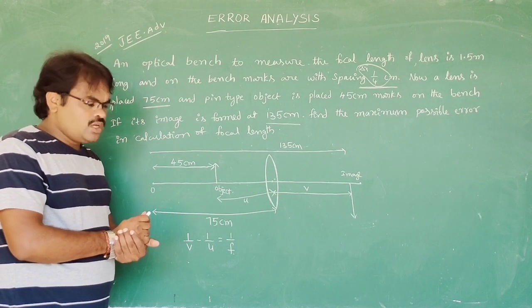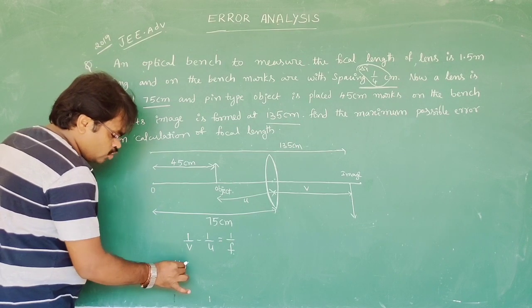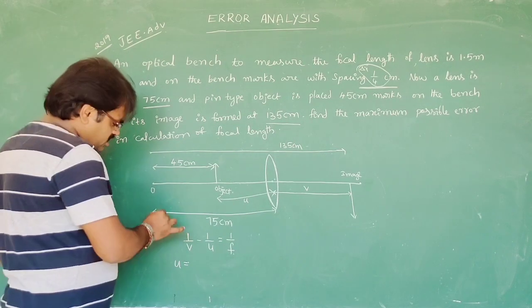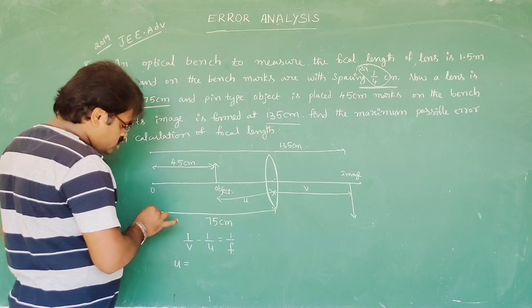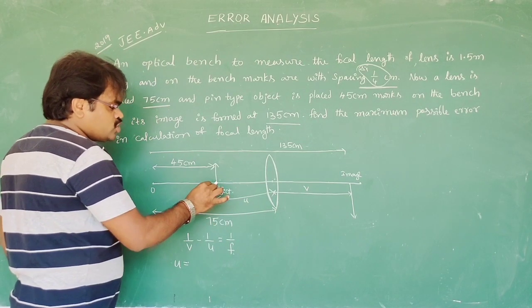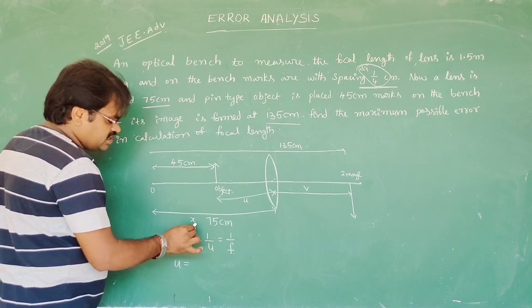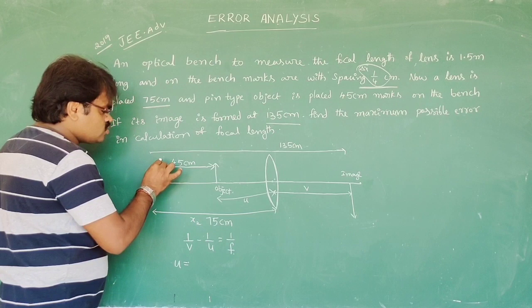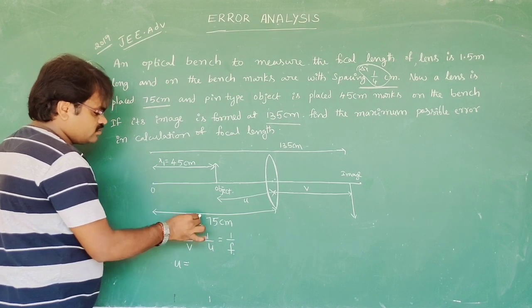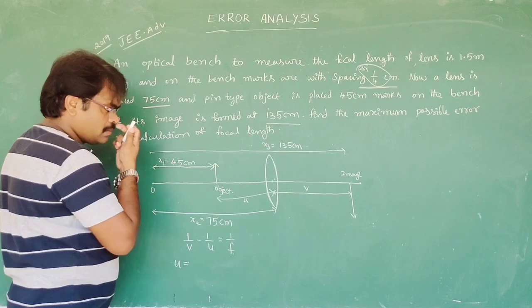U is equal to: the position of the lens is 75 and the object position is 45. We consider the object position as x1, the lens position as x2, and the image position as x3.